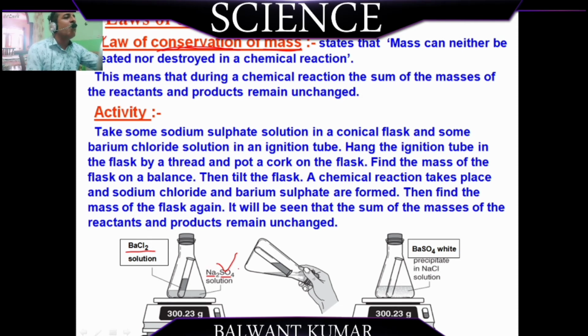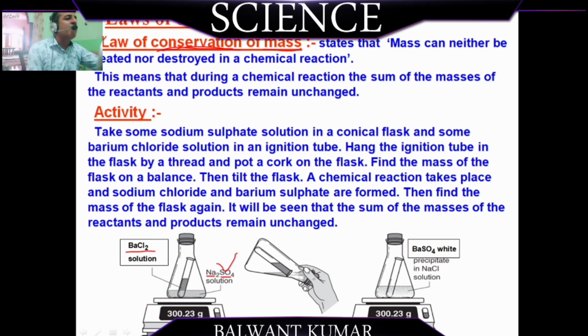So in total, this molecule is named sodium sulfate. Okay, in a conical flask, we placed sodium sulfate solution and we put in a small test tube barium chloride. Now the vessel is closed with a cork, showing that there is no interference of the outside environment.